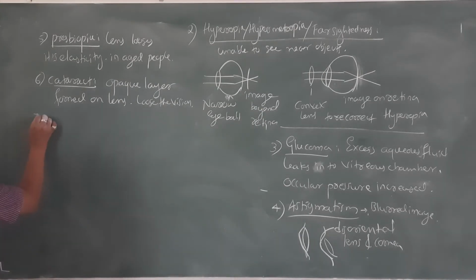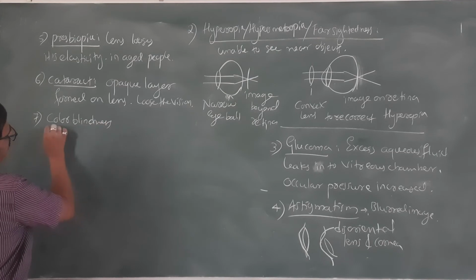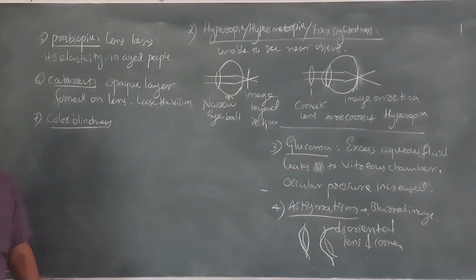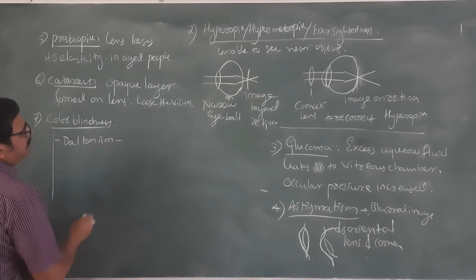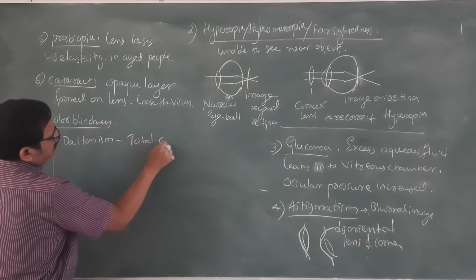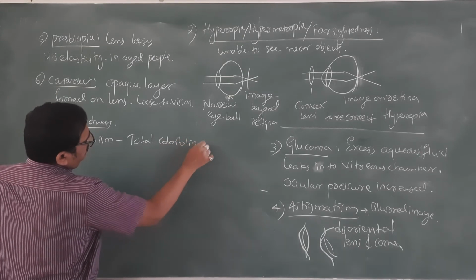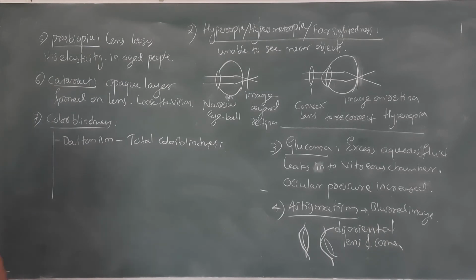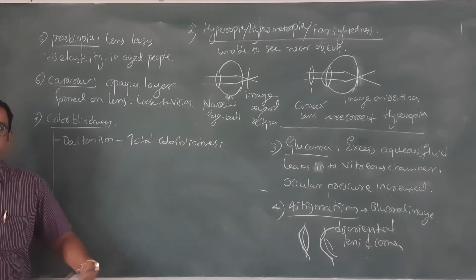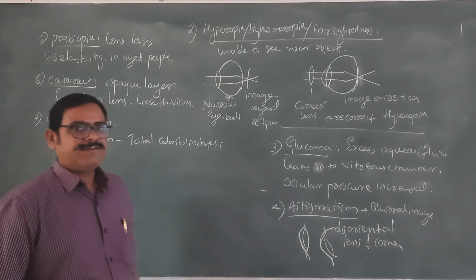Number 7, we need to know color blindness. Mainly, as you know very well, it is an X-linked disorder, but it can be of different types. One is called daltonism. Daltonism means total color blindness. The person cannot see any color; his life is completely black and white. It is a kind of genetic defect.